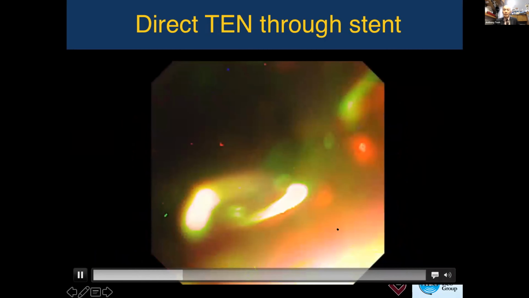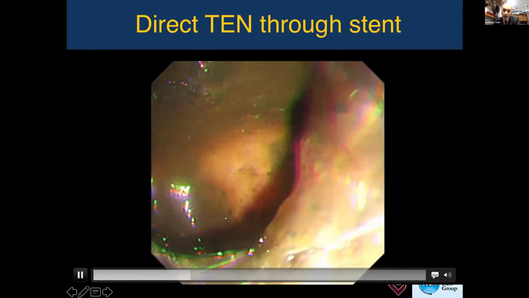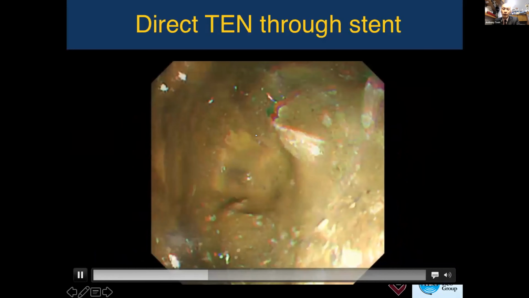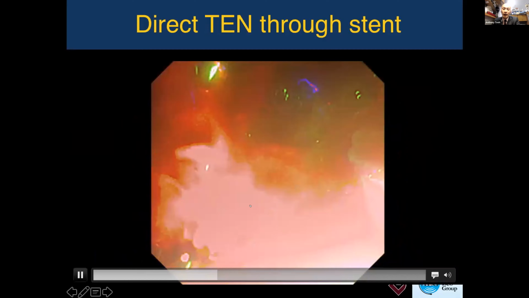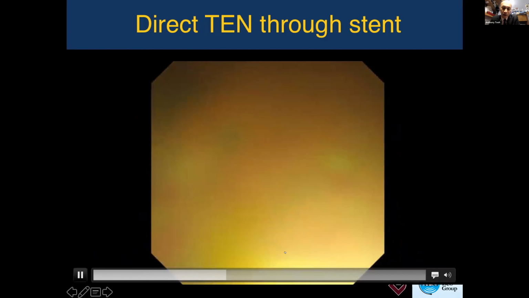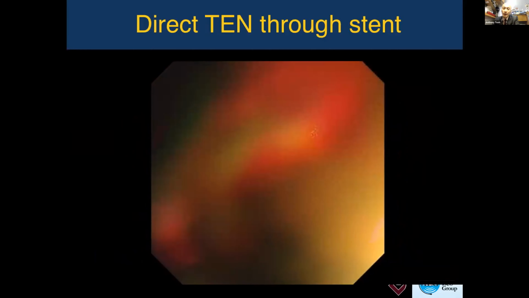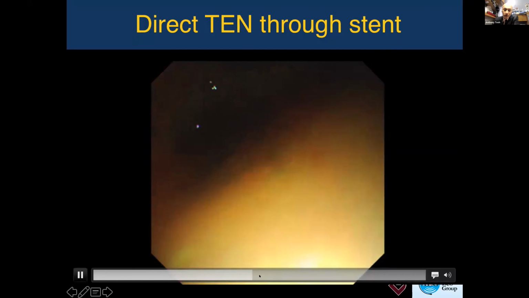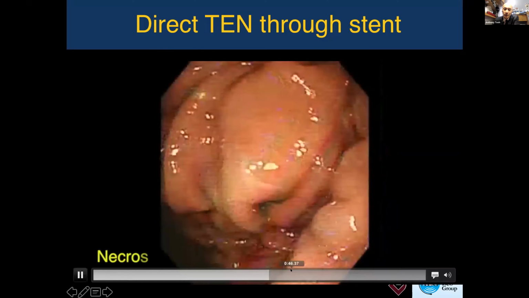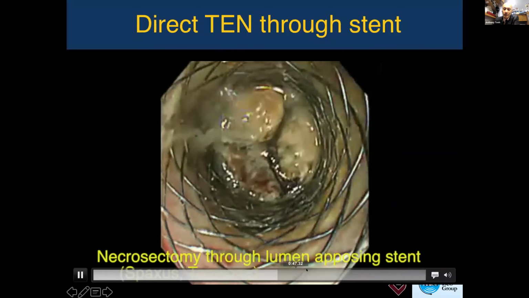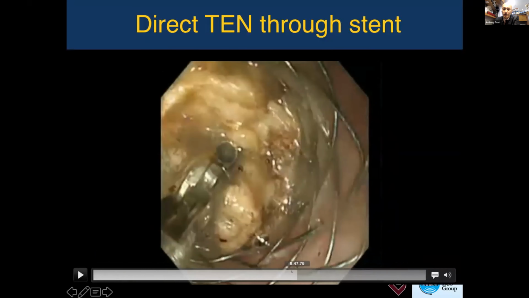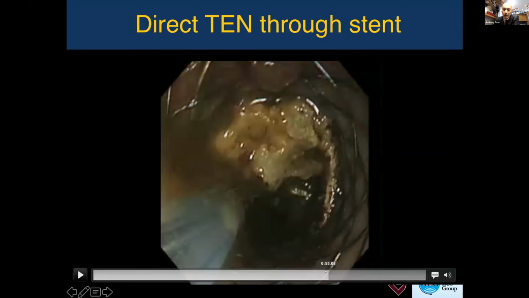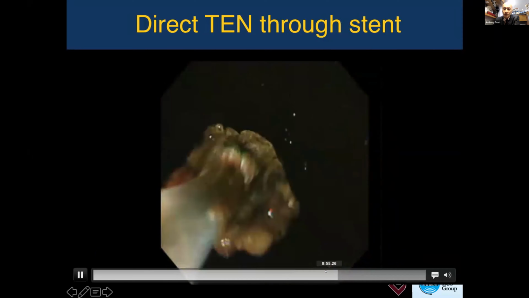So in the past, when we used plastic stents for walled-off necrosis, then we needed to remove 1 or 2 plastic stents and then dilate the tract, followed by the necrosectomy, and then reinsert the stent again afterwards. So all these metal stents have the benefit of providing large diameter access for the insertion of the endoscope and performing necrosectomy.